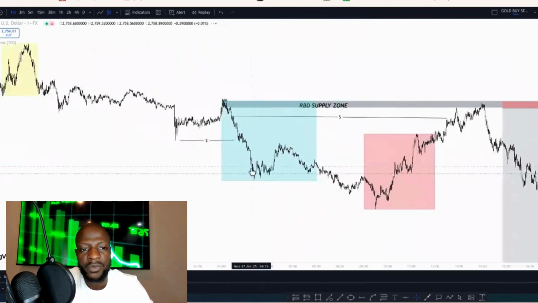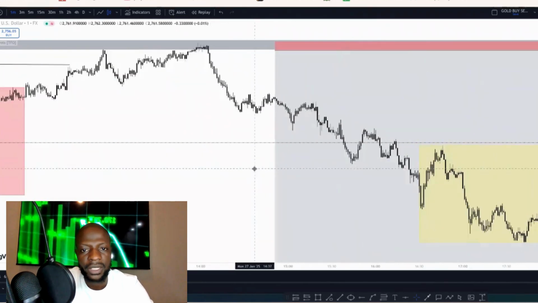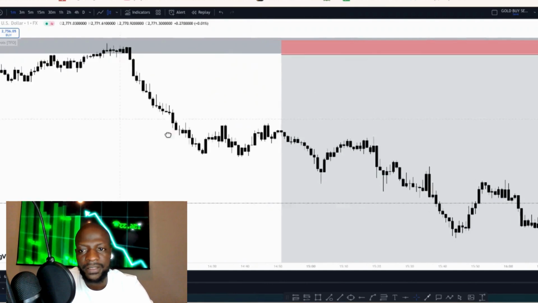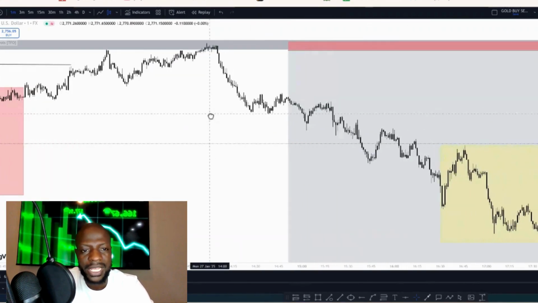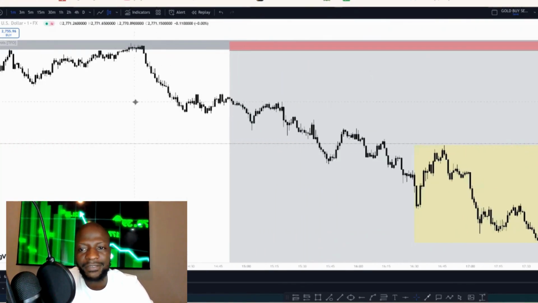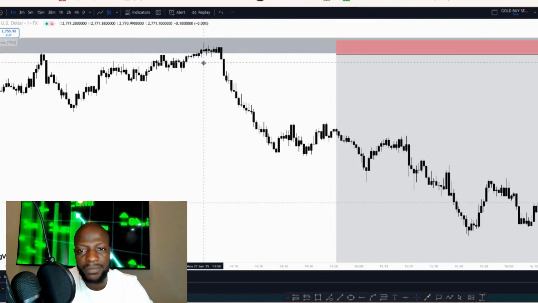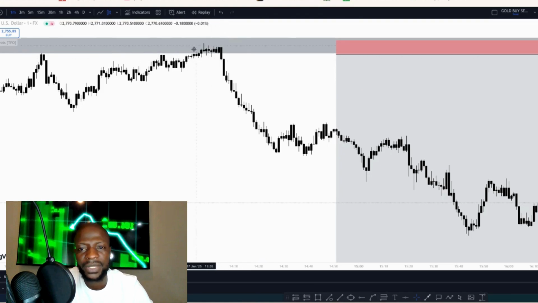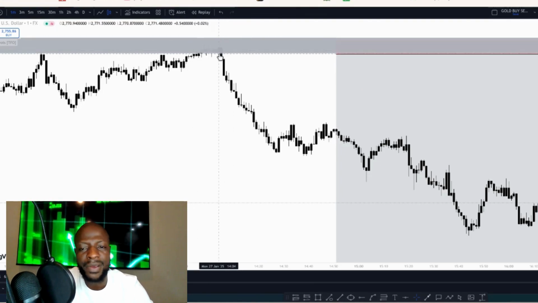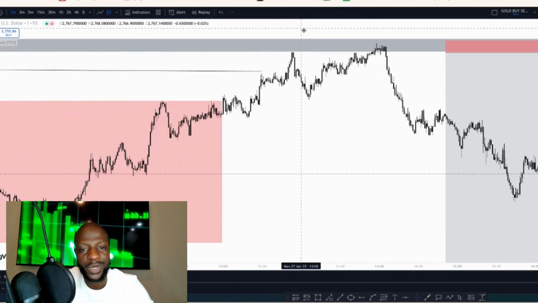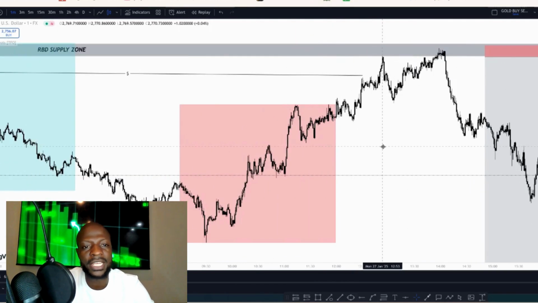So if you zoom in right here, tell me what signs can you see at this level right here? Very, very clear signs. So we are seeing the market which is reacting from this level right here. So we can see that we had a nice pin bar right here. We have a pin bar there. Apart from that, we had a nice bearish engulfing candle right here. That's your confirmation to enter, because the market is now reacting to this level right here.